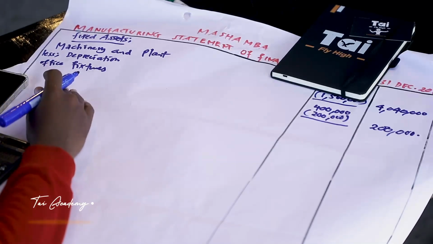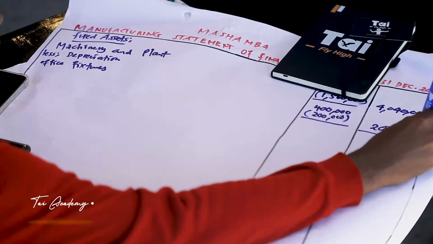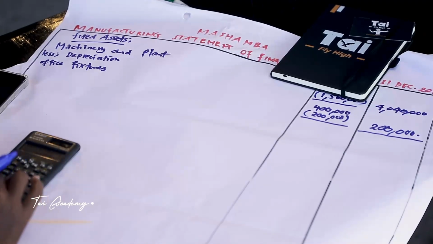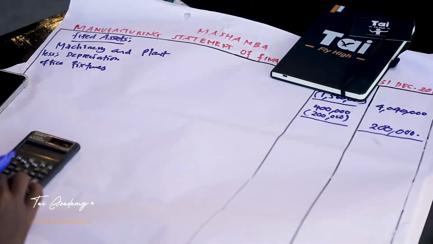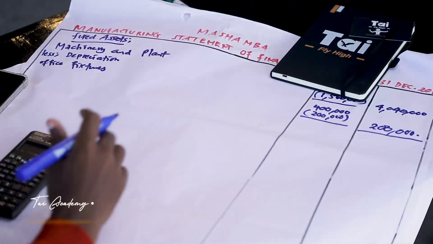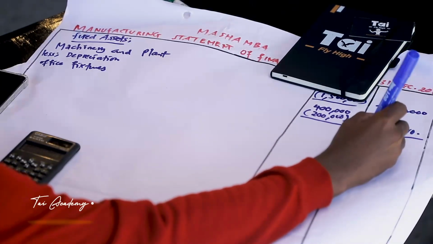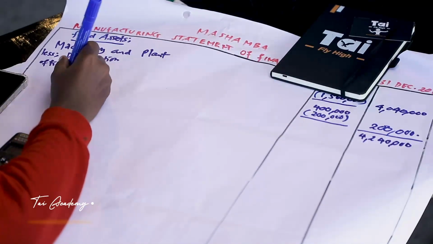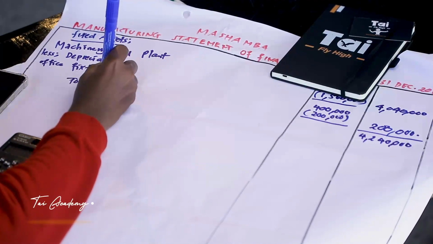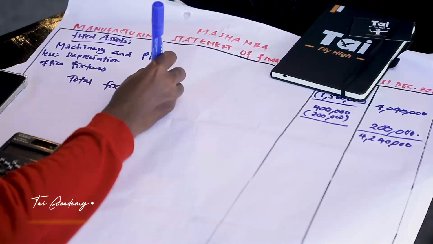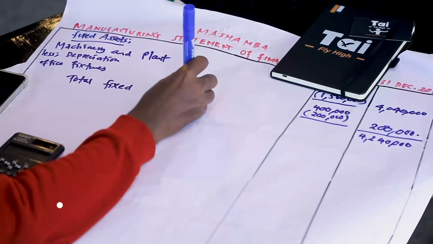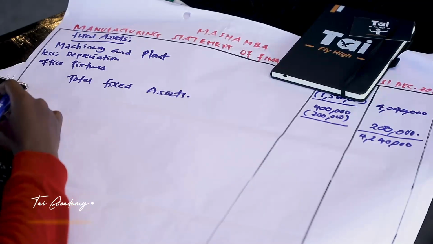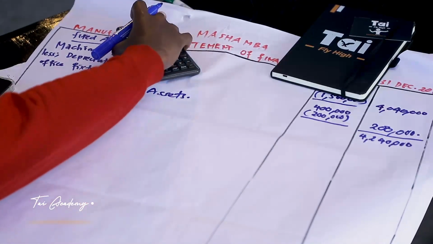After finding the so baada hapo tutajumlisha 4,040,000, utapata hapa 4,024,000 itakuwa ni total fixed assets. So after finding the total fixed assets tunakuja ku add na zile tunazita current assets.